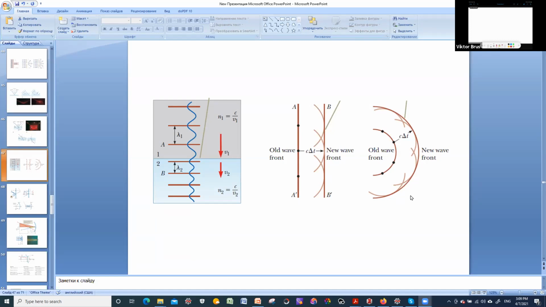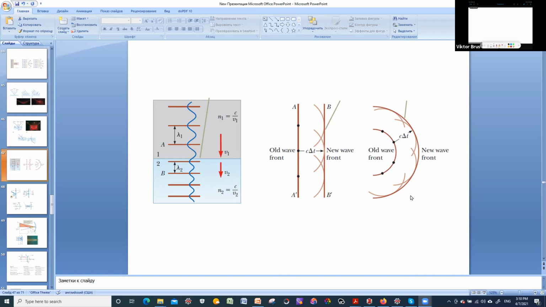And by using this approach, it's possible to derive equations which we wrote for the reflection and refraction of electromagnetic waves or light at the interface between two mediums with different optical properties. So please read in the textbook about this concept.